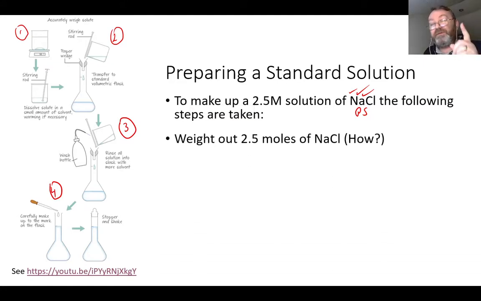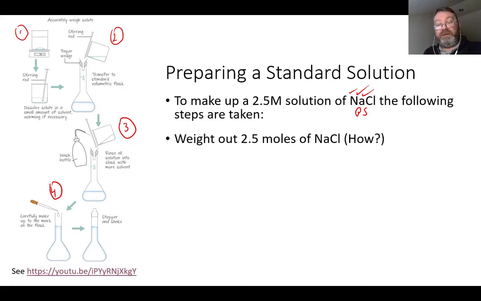First of all, and listen to this carefully, I weigh out 2.5 moles of NaCl. Now, how do I weigh out moles? And this is what I need you to remember. Can I weigh out moles? Yes, I can. What I've got to do is turn the moles to grams first, remembering that in NaCl, sodium is 23 and Cl is 35.5.